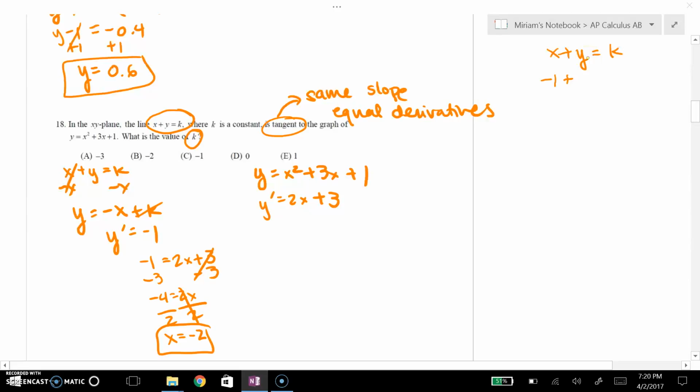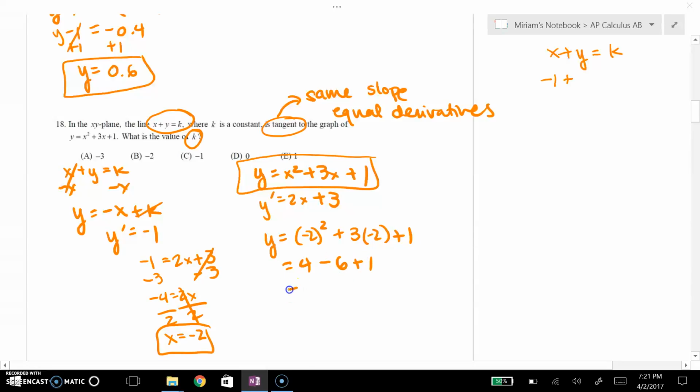Let's use this equation to plug in x, which will give us y. So it'll be 4 minus 6 plus 1, negative 2 plus 1, negative 1. So this will be y. I'm sorry, x should be negative 2. So if I add them, it becomes negative 3, so k has to be negative 3.